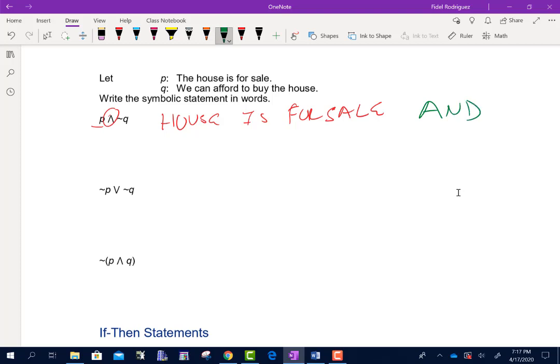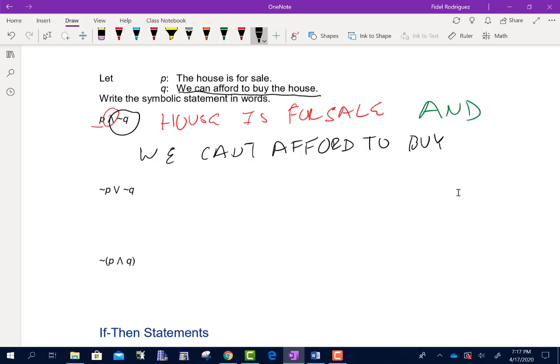And then we have a not Q. Well, if Q is the statement, we can afford to buy the house, I'm going to say we can't afford to buy the house. So guys, one thing I want to mention, instead of the word and, they might use the word but or however, okay? They all mean the same thing.